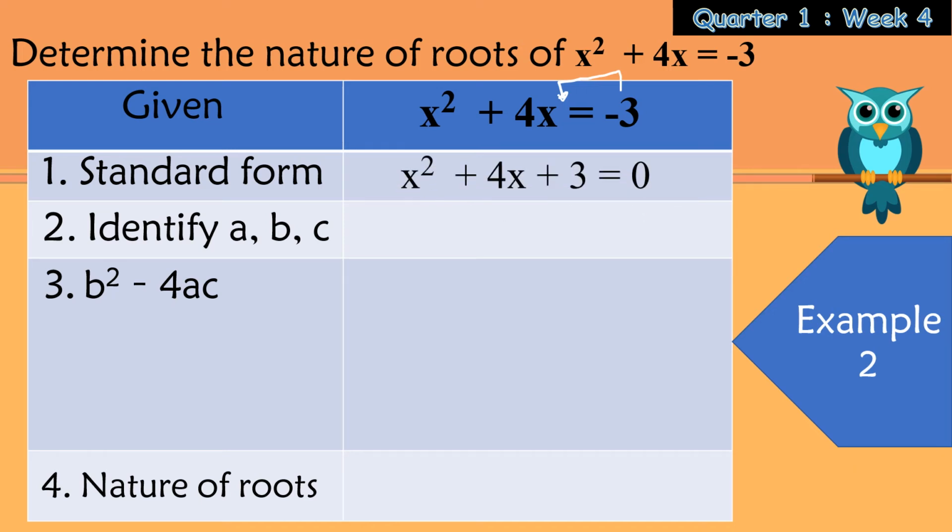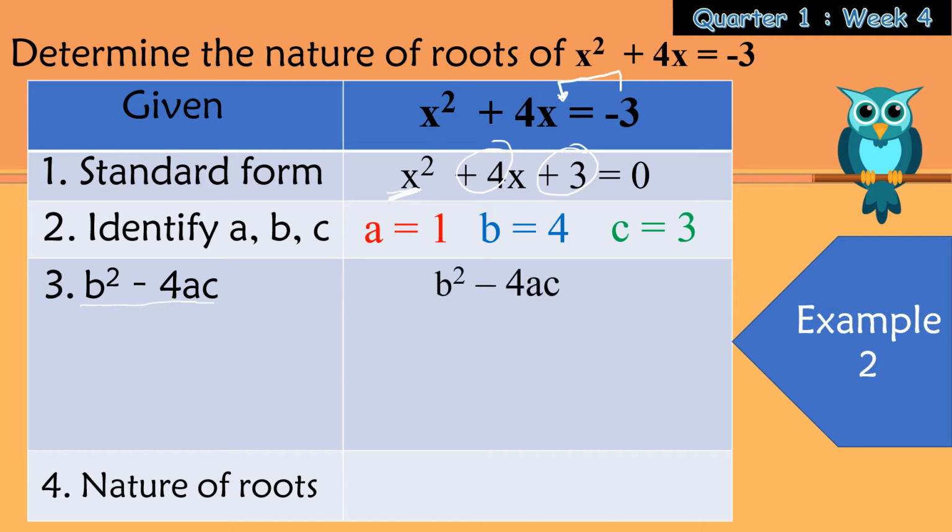Then, let us identify the values of a, b, and c. The value of a here is 1. You have here an imaginary constant number 1. Then the value of b is positive 4. The value of c here is positive 3. Then afterwards, we have to use this formula or this expression for us to determine the value of our discriminant.